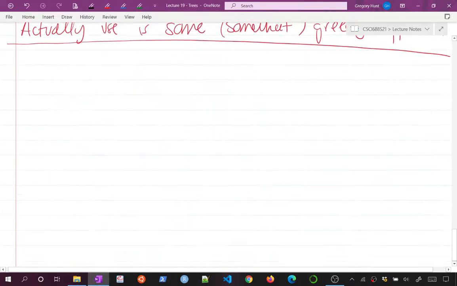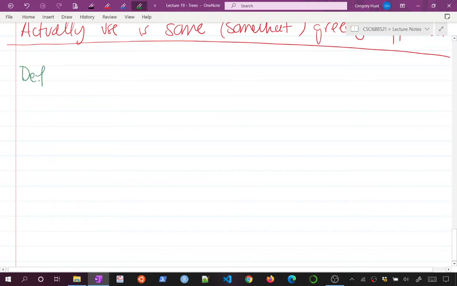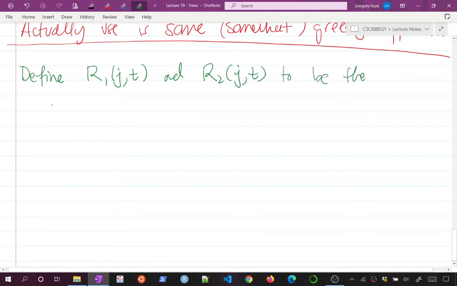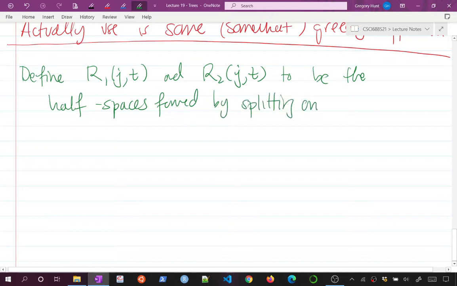So let's define R1 of j,t and commensurately R2 of j,t to be the half spaces formed by splitting on variable j, variable xj, at point t.